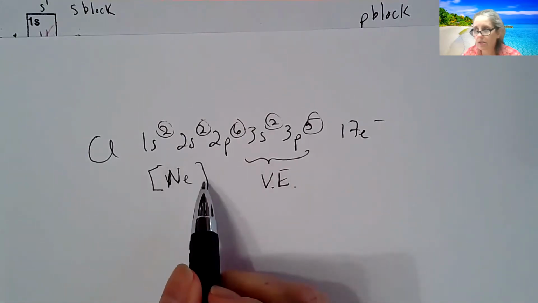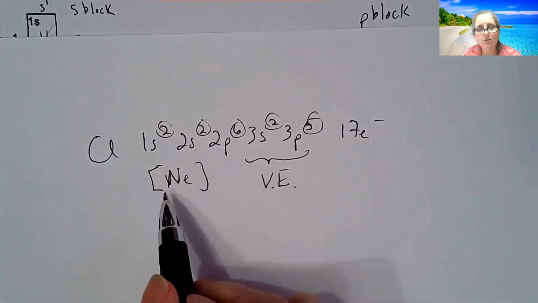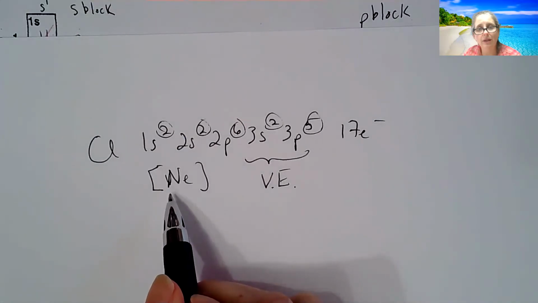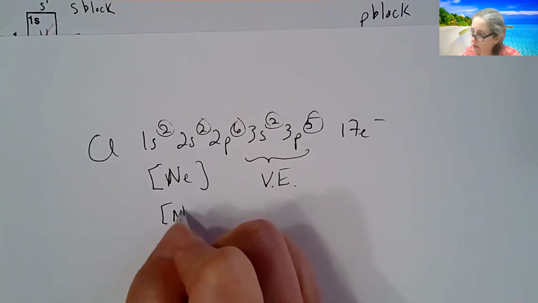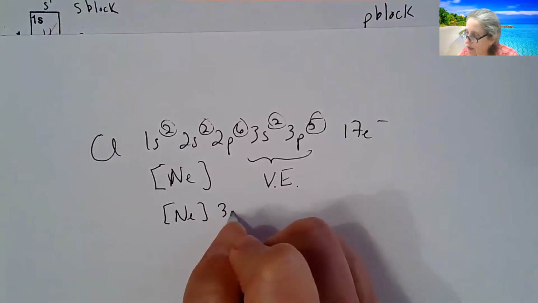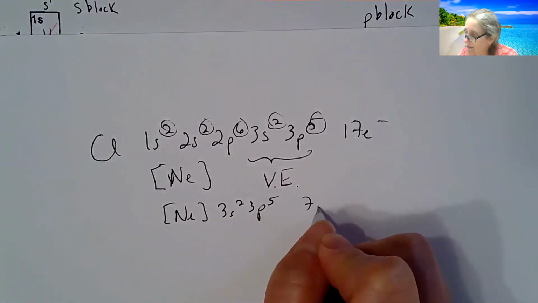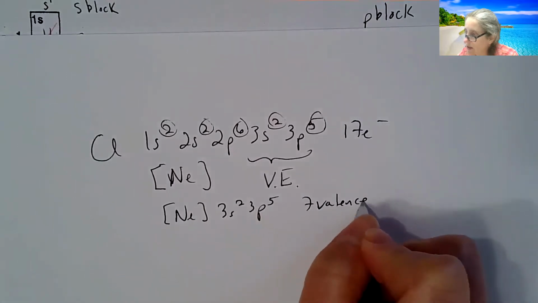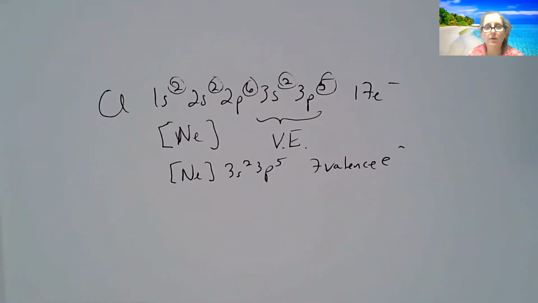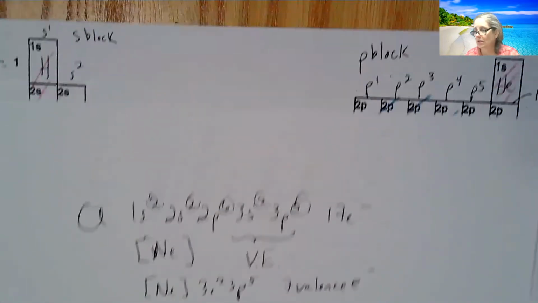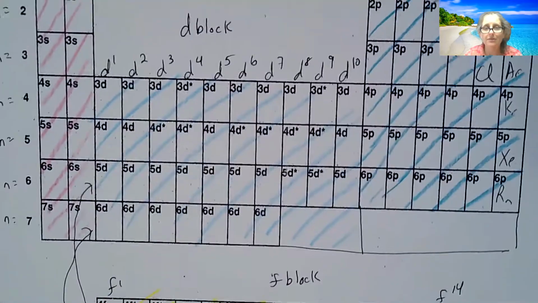The brackets are to say that it has the same number of electrons as neon's electron configuration. So I could rewrite chlorine as neon in brackets and then 3s2, 3p5 because it has 7 valence electrons. And those are the electrons that get involved with all of the chemistry. Okay, so that's why we do it that way. So we are going to do noble gas configuration because it's far easier than anything else.